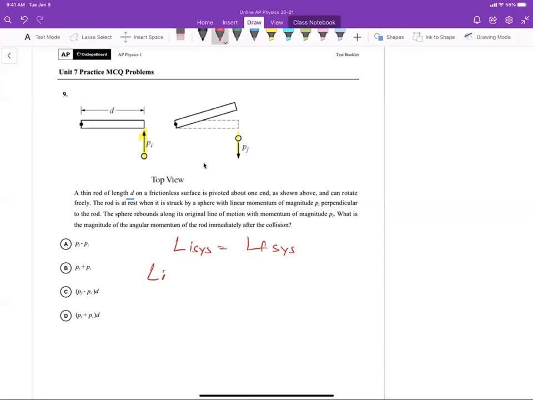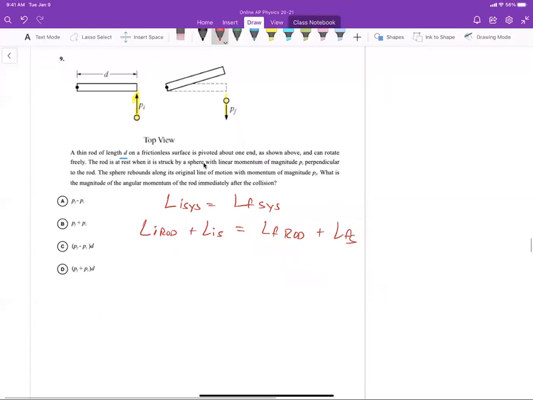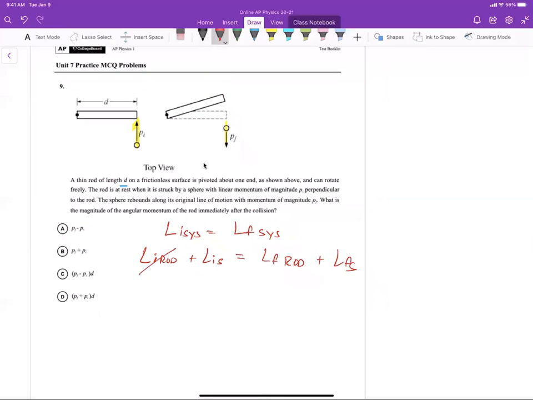We have the initial angular momentum of the rod plus the initial angular momentum of the sphere, so I'll call that capital S. That has to equal the final angular momentum of the rod plus the final angular momentum of the sphere, little s. All right. The initial angular momentum of the rod is 0. It has no initial velocity because it started at rest.